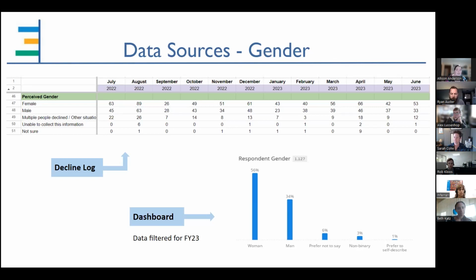But on the decline log, what is the perceived gender? On the dashboard, what is the respondent's gender? Because the person saying no is effectively the person who would have said yes and would have taken the survey.